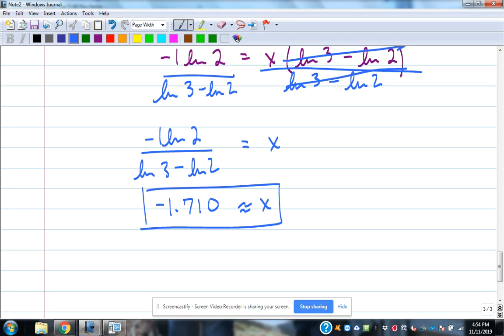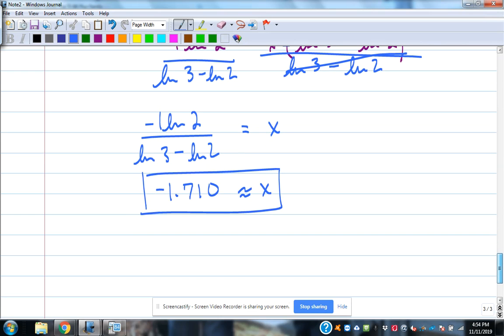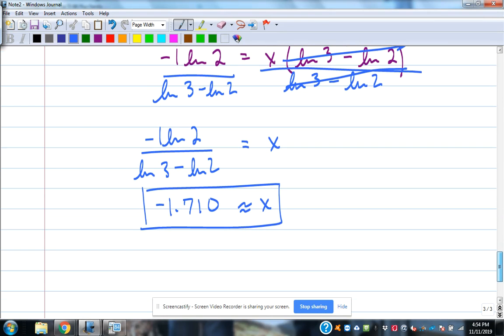In the original problem, has to have what in it? Log. Did our original problem have logs in it? No, we put logs in it to solve it. But the original problem was just this stuff with exponents. It was an exponential. So it's not an issue.